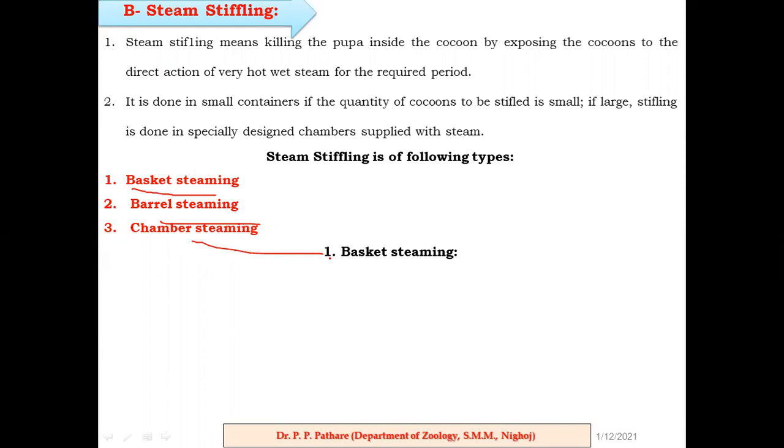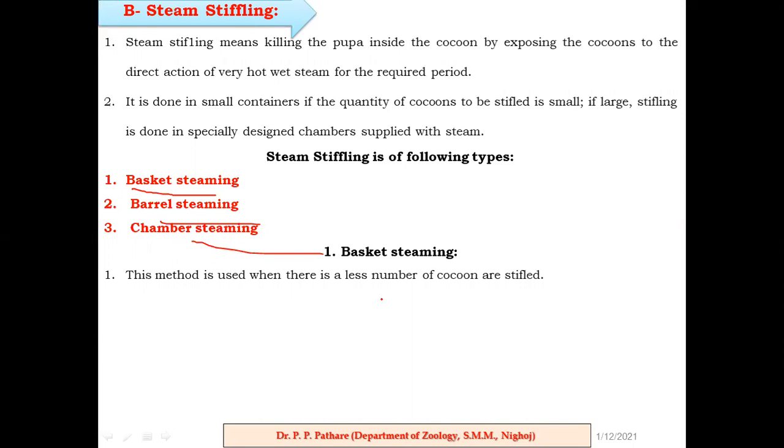Let us start to study basket steaming. This method is a very simple method for cocoon drying. In this method, you use one type of basket to give hot steam to the cocoon for stippling. This method is used when there is a very small number of cocoons to be stippled.